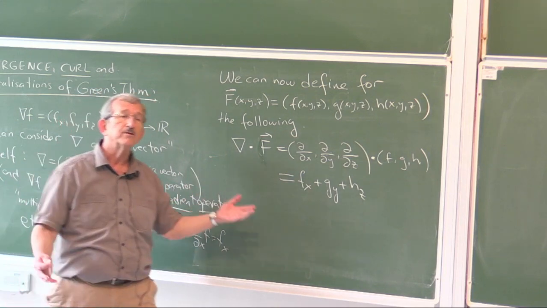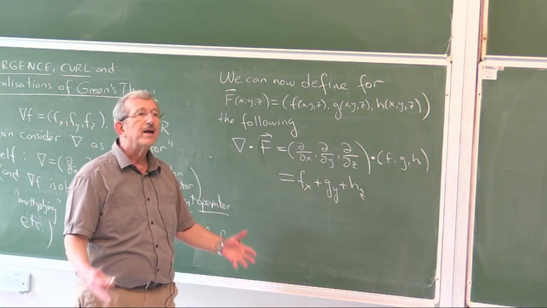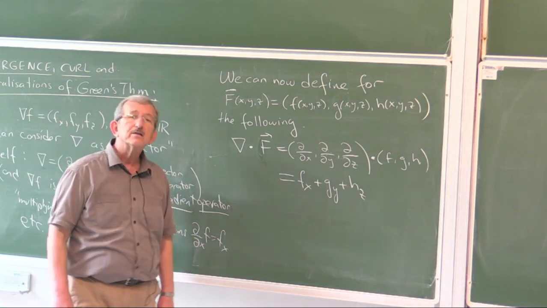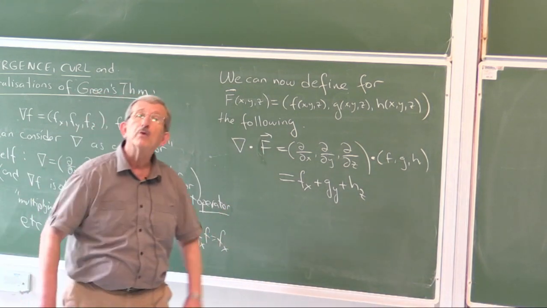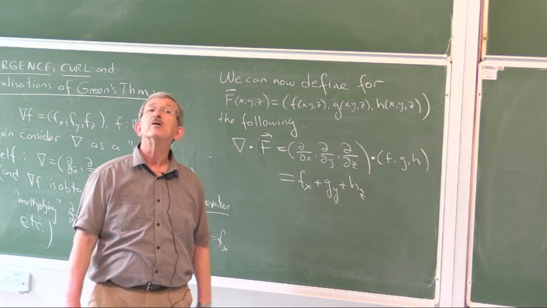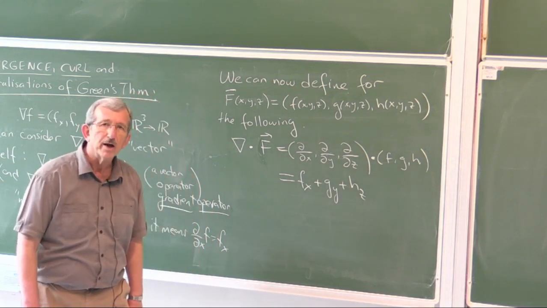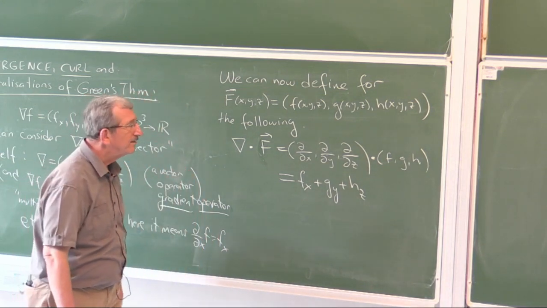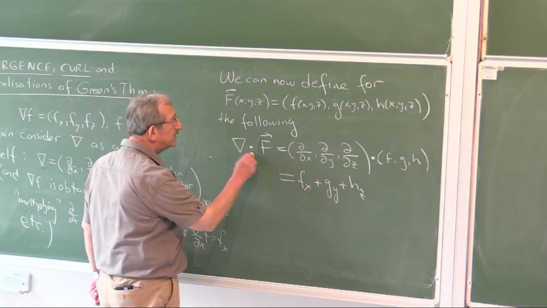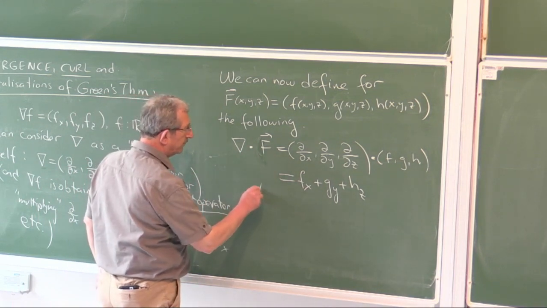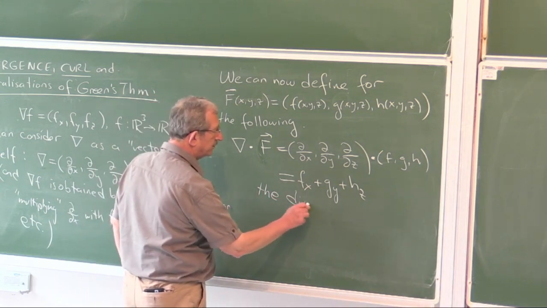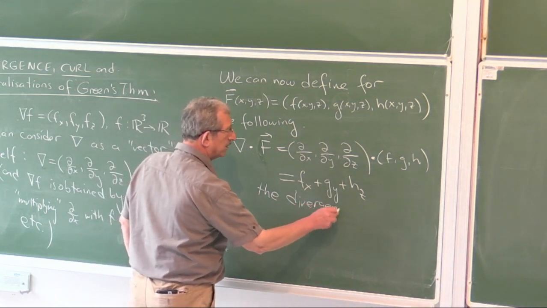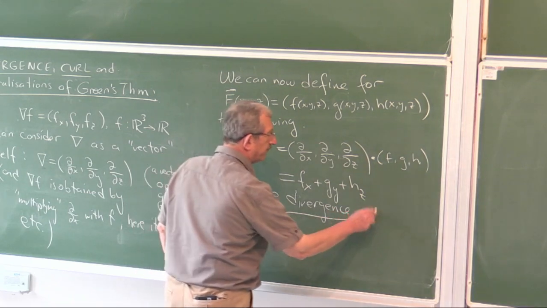In electromagnetic theory, in fluid dynamics, in mechanics, in heat equations, and hence chemical engineering, anywhere you can see these things. Well, this is called the divergence of it.